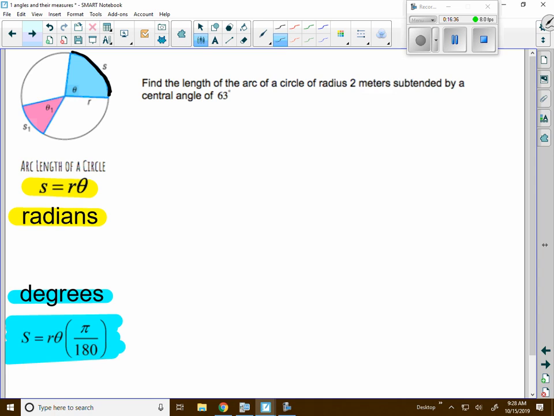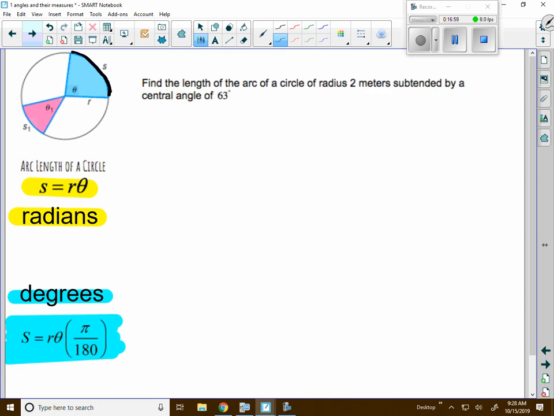These next formulas help us find the length of that arc. There's a lot of ways this can be used in real life, but for right now, let's simplify it and think of a slice of pizza. We're going to find the length of the crust of a pizza. It sounds kind of silly, but you just break it down easy like that.